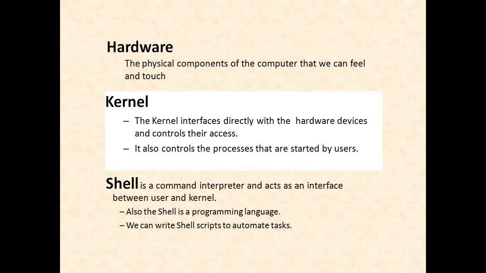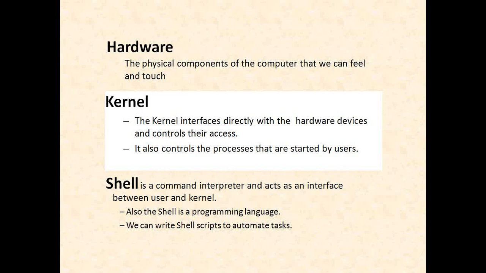And kernel, what the kernel does is control the hardware devices. Basically the kernel is like the interface between the hardware devices and the user or the shell, and it controls access to and supervises the hardware. For example, when you are playing a song, only the audio device will be activated, and when you are watching a video, both the audio and video devices will be activated.